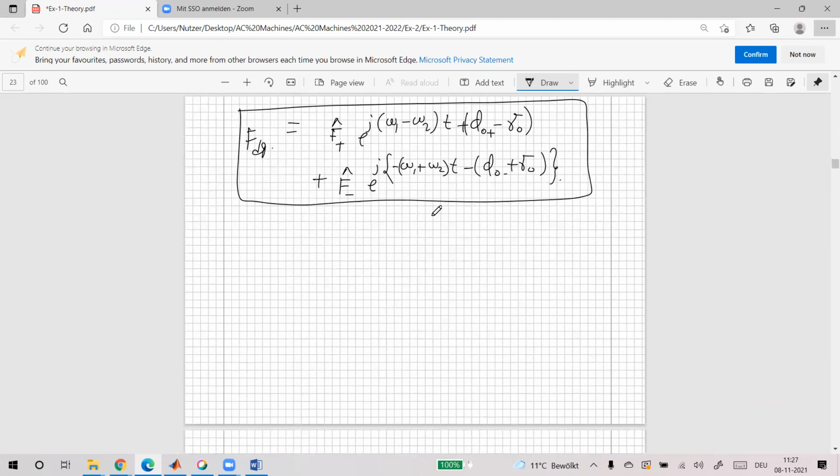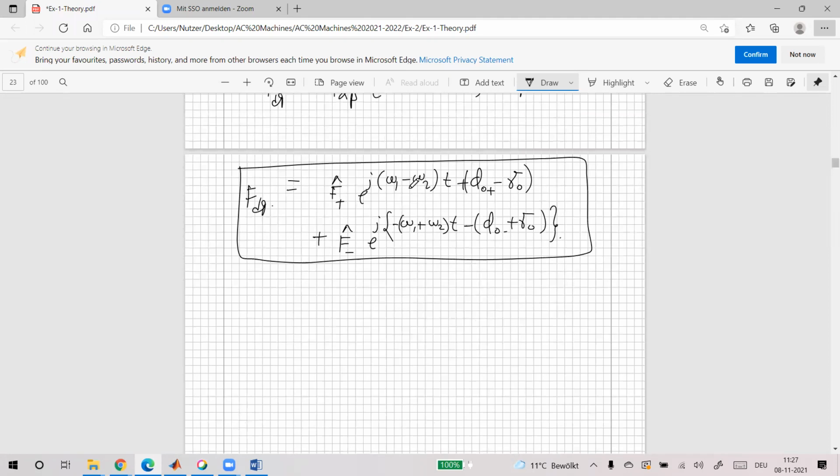We learned a few cases. Now you can see that if your omega 1 and omega 2 are the same, what happens is your FDQ would be just this term, e to the power j phi naught, minus this, plus e to the power minus j.